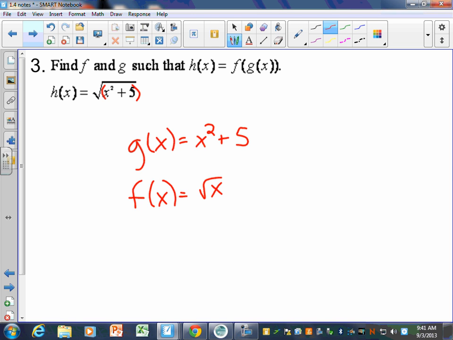So let me make up another one since I did this one for you. This is really 4 now, right? I'll make this 5 now. What if I said h of x equals x squared plus 3, squared, minus 1.